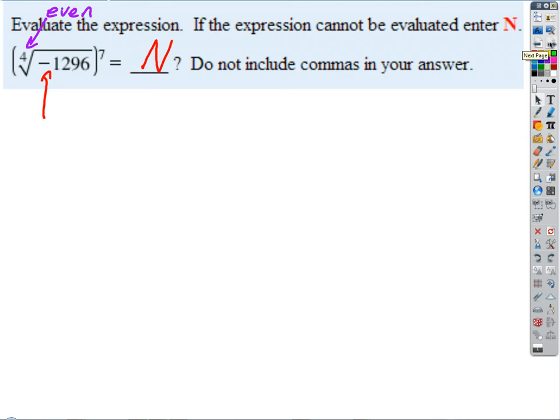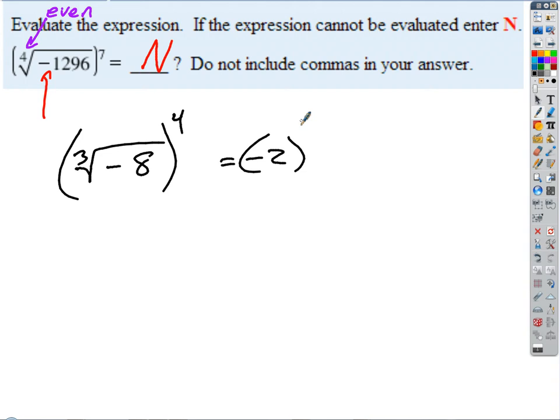That'd be fine. Good question. So for example, what if you had the cube root of negative 8 to the 4th? No problem. What's the cube root of negative 8? Negative 2. So that would just equal negative 2 to the 4th, which is what? Positive 16. So that would work. That'd be fine.